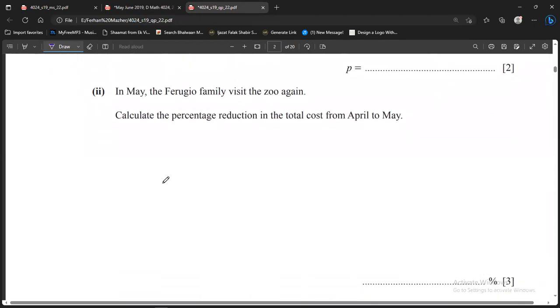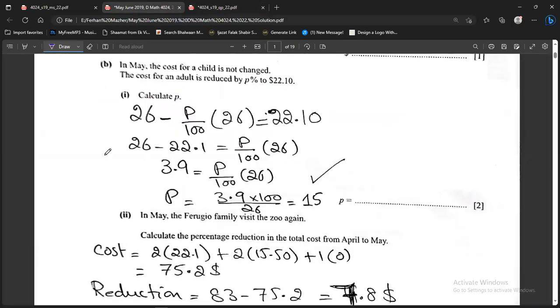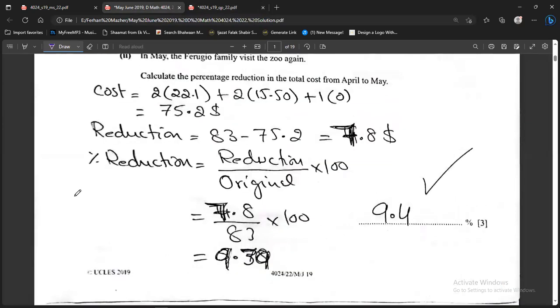In May, the Ferrigo family visit the zoo again. Calculate the percentage reduction in the total cost from April to May. Okay. So now again, they are going to the zoo. The cost will be 2 multiply 22.1, as the cost of the adult has changed, plus 2 into 15.50 plus 1 into 0. That will be $75.2. So previously that cost them $83.